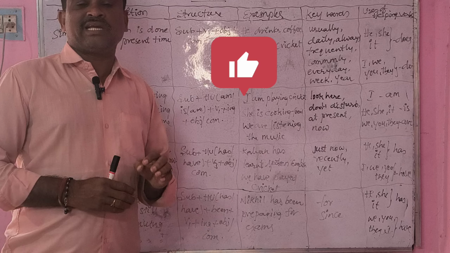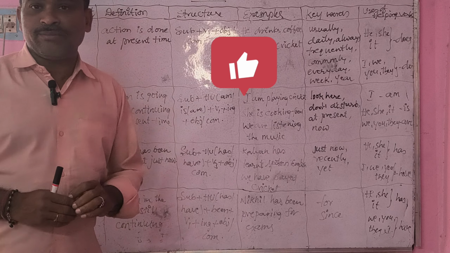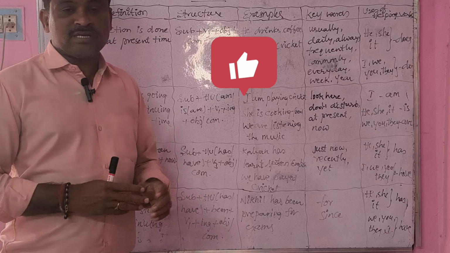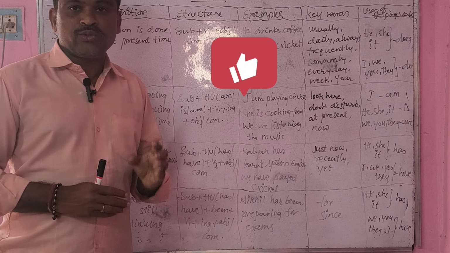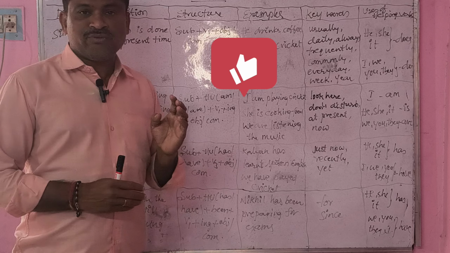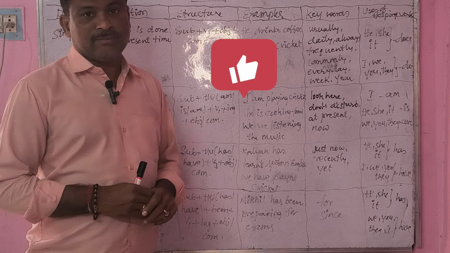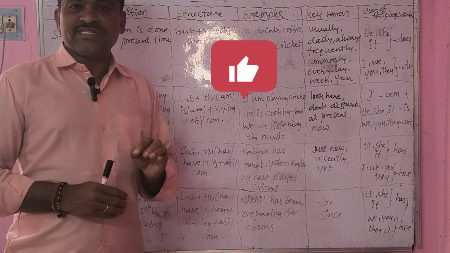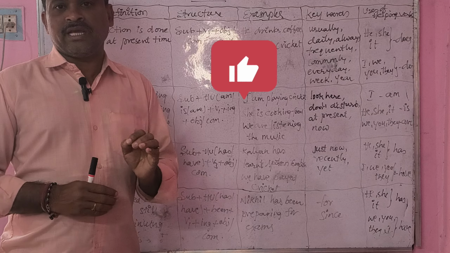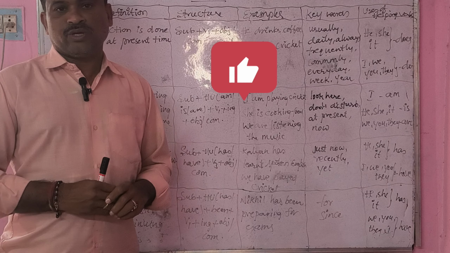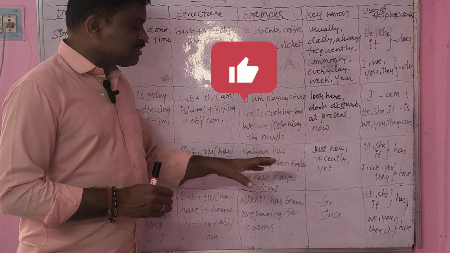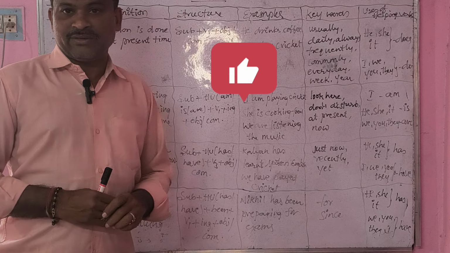Period of time means not the exact time, and point of time means exact time. For example, for 2 days, for 2 hours, for 10 years, for 10 days, for 4 days: this is called a period of time. And point of time means since morning, since Sunday, since 2024. So this is a point of time and period of time.